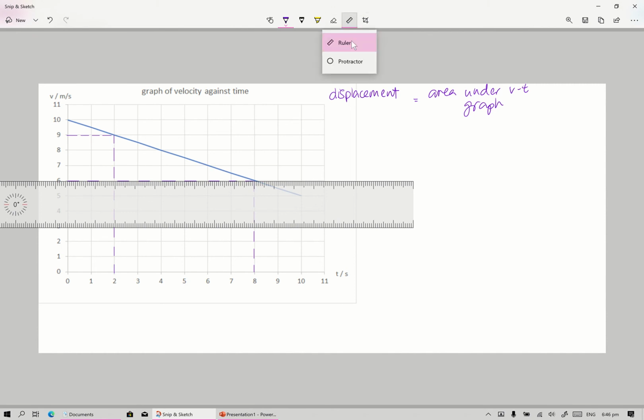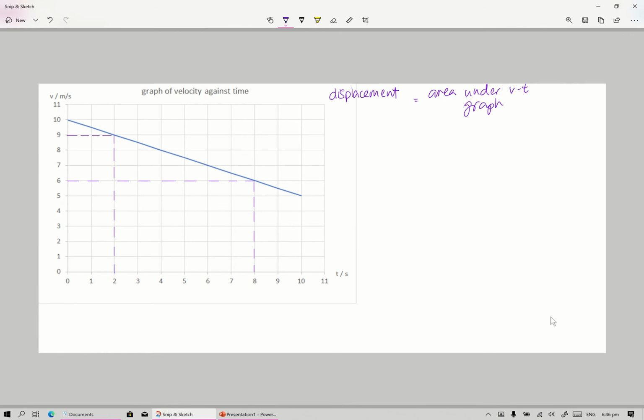So when time equals 2 seconds, my velocity is 9 meters per second. When time equals 8 seconds, my velocity is 6 meters per second, right?